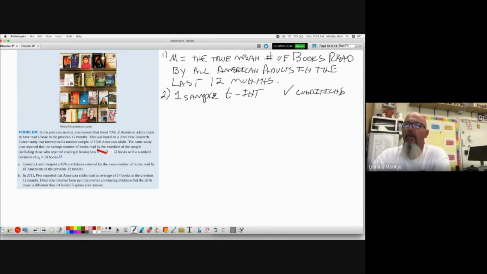All right. So the first condition, is it an SRS? They tell us random sample. So SRS, they tell us. Okay. Independence.